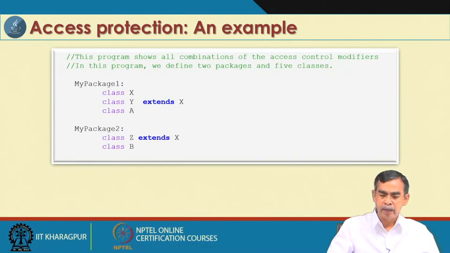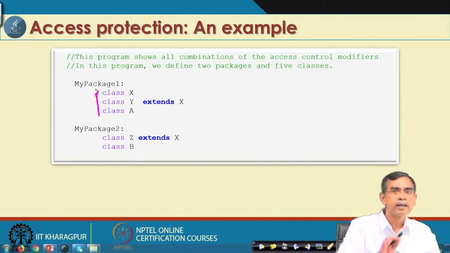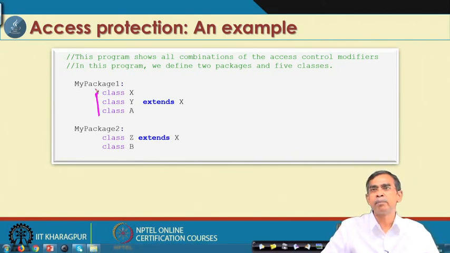So, here these are all public classes, though I have not mentioned public class explicitly. Similarly, the two classes which belong to the other package, my package 2, are also public, and Z is basically a derived class, a subclass of class X. X is again the superclass belonging to package 1. So, okay, fine.